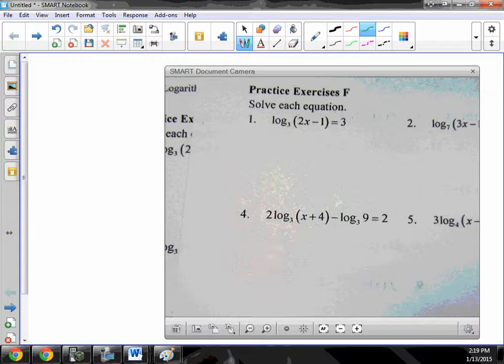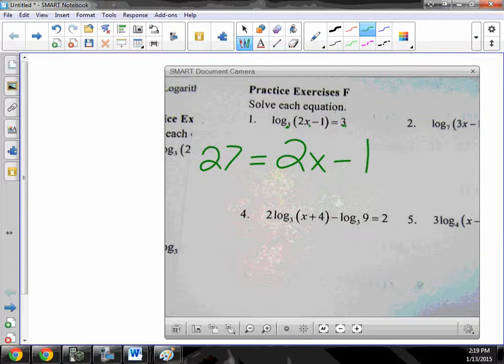We need to convert to exponent. So in exponential form, it's 3 to the third equals this. So 3 to the third is 27 equals 2x minus 1. It's super easy.